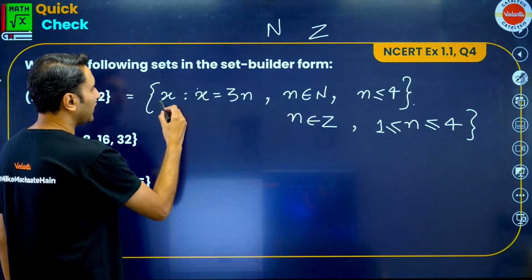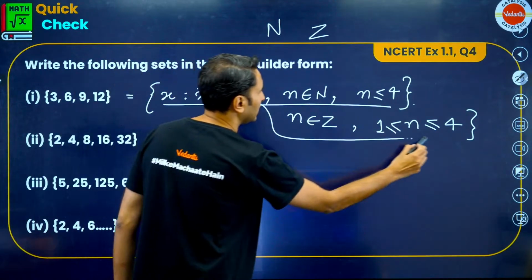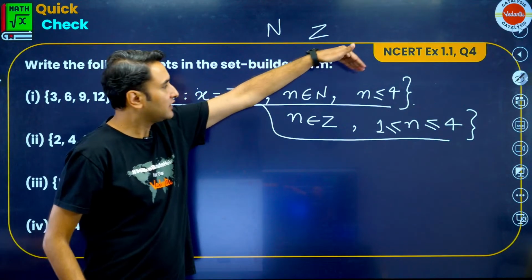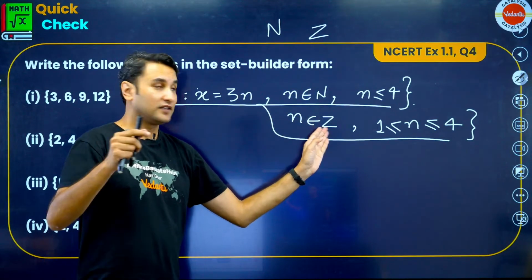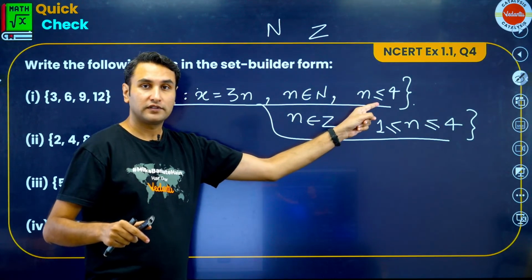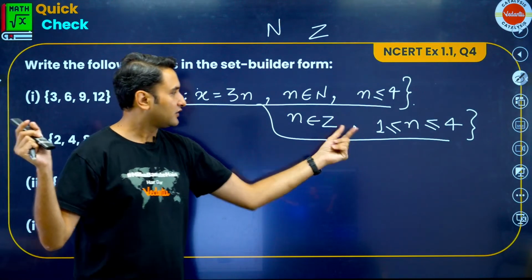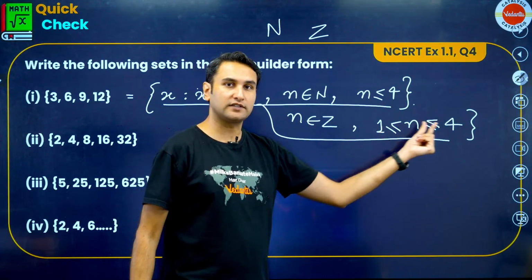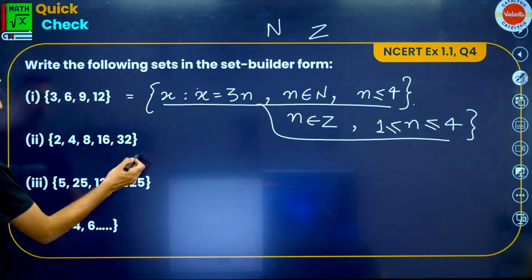So either you write like this or you write like this. It's your choice. If you're writing n belongs to natural numbers, less than or equal to 4 is enough. If you're writing n belongs to integers, less than or equal to 4 can mean you can go to negative numbers also, right? So in the case of integers, you'll have to say n is greater than or equal to 1, less than or equal to 4. Very important, because you can make a mistake here. That's it. What is this, bachcho?